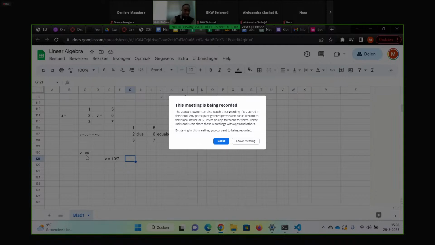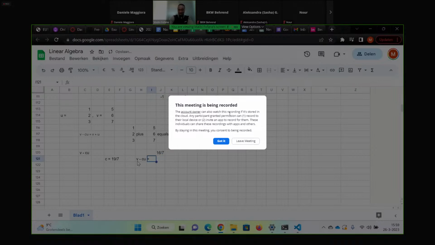Then my V minus CU can be the following. As I told you, it's the hard way. Now we have a lot of fractions in it.